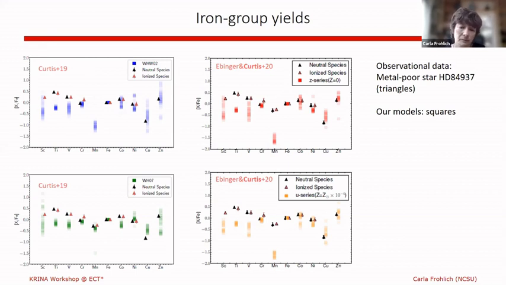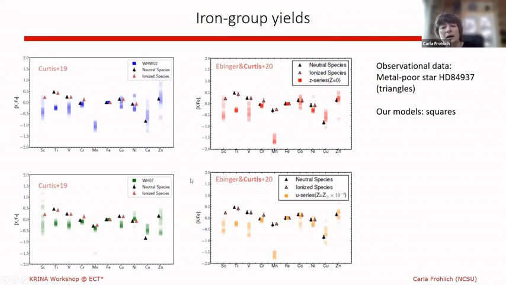And then with our simulations, again, we can do an ensemble of simulations and compare that against the abundances seen in metal poor stars. You can see that some elements have a wide spread of outcomes depending on the progenitor used. Other elements more or less always give you the same amount.